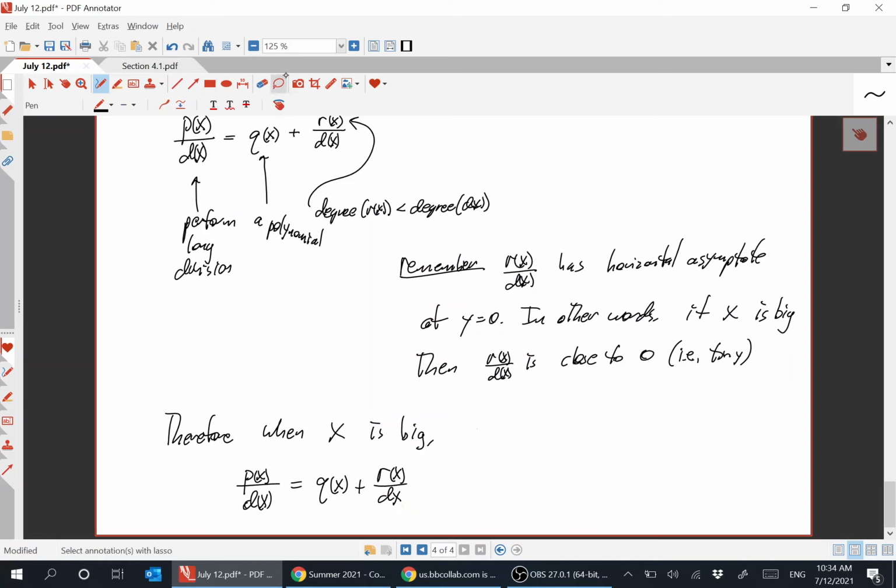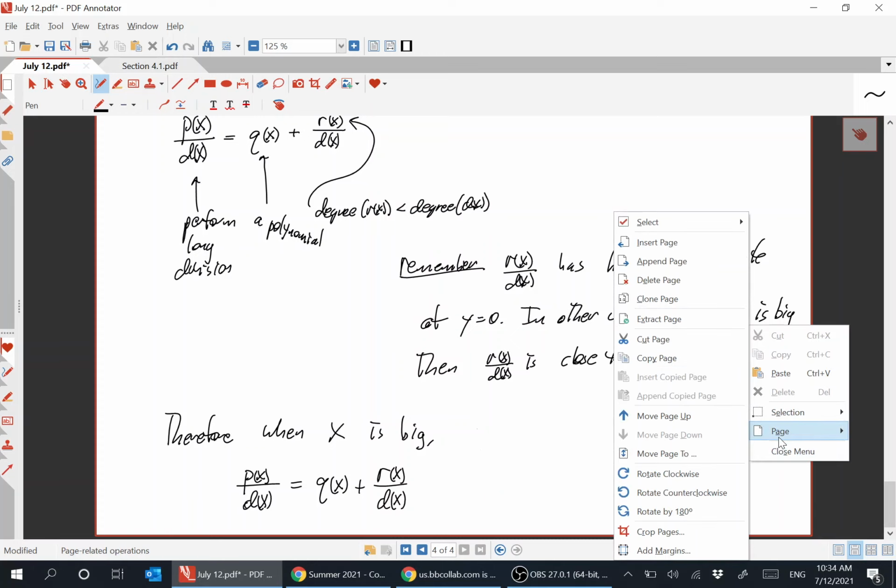Well, as I was saying, the r over d is tiny. So the value is essentially just q. It's just the quotient.